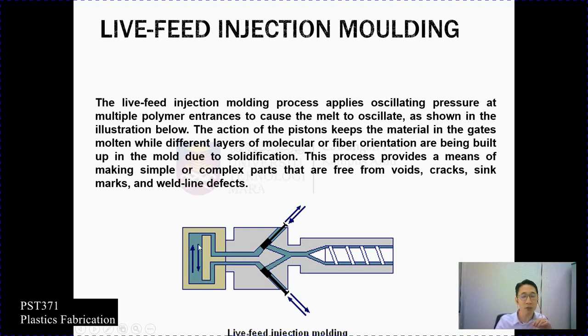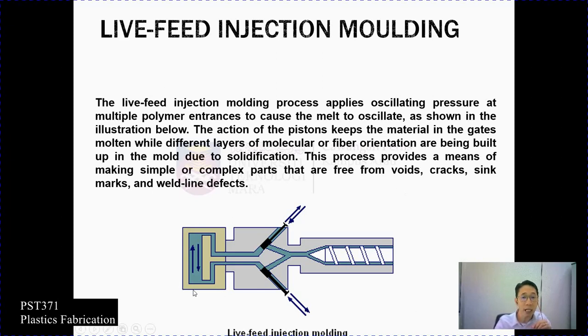And this process is repeated until the article is filled to the desired thickness of the raw material. By having this different arrangement of the fiber orientation, raw material, or molecular arrangement, they provide a stronger material in both directions and avoid defects such as voids, cracks, seam marks, and weld-line defects.